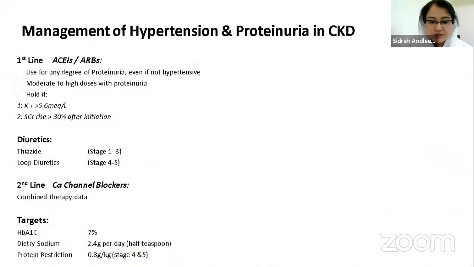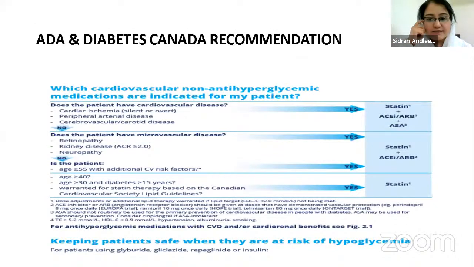Now, this is a very important slide with respect to what the guidelines ask us to follow in practice. Another recommendation as a preventive measure: any patient with diabetes, even if the patient does not have high blood pressure, but has a risk factor for cardiac disease.